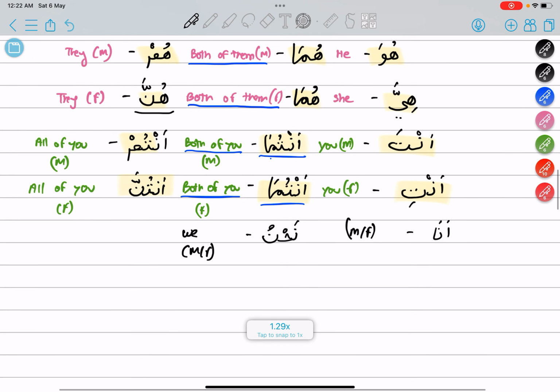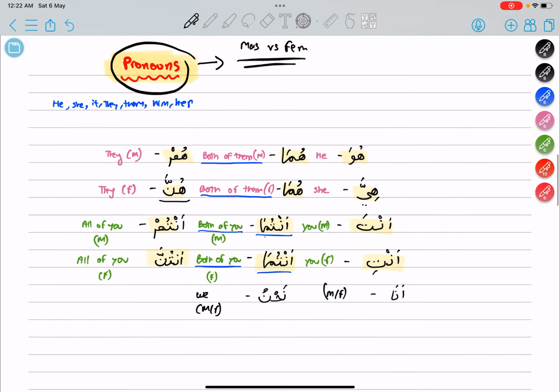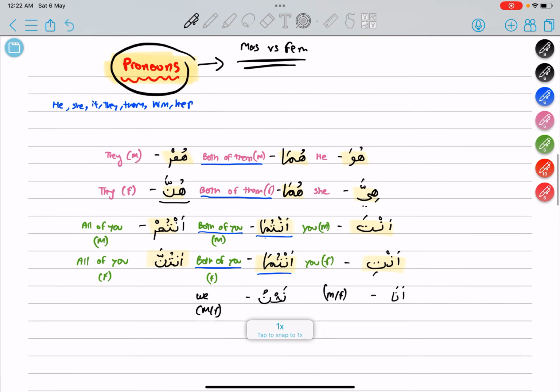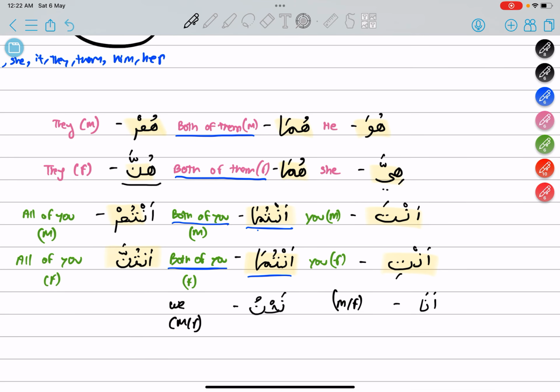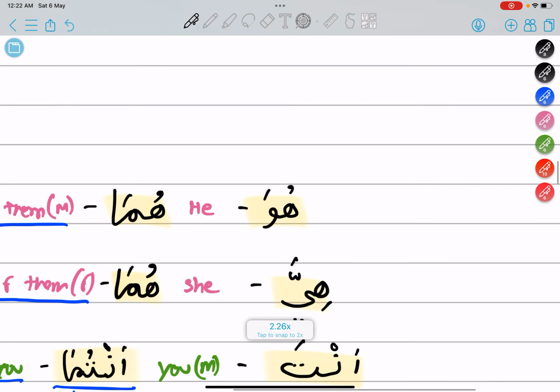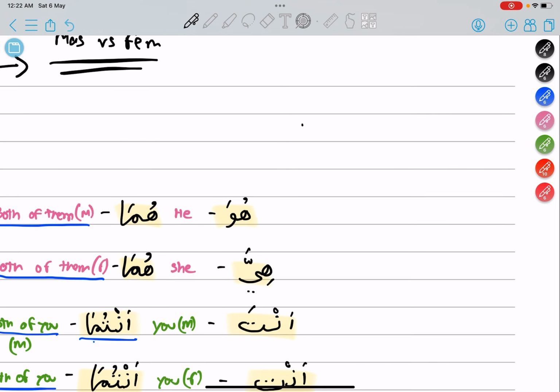Okay, so these are all the pronouns. It's more advanced, but it's good to know. You're gonna find these pronouns before a word, right? So when we're saying he is a boy, we're gonna be saying huwa talibun, right?